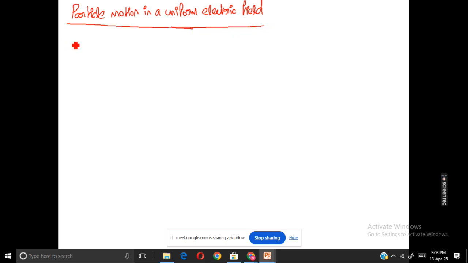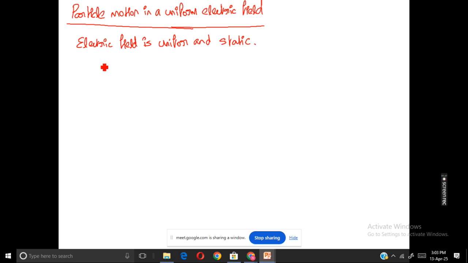Consider that the electric field is uniform and static.